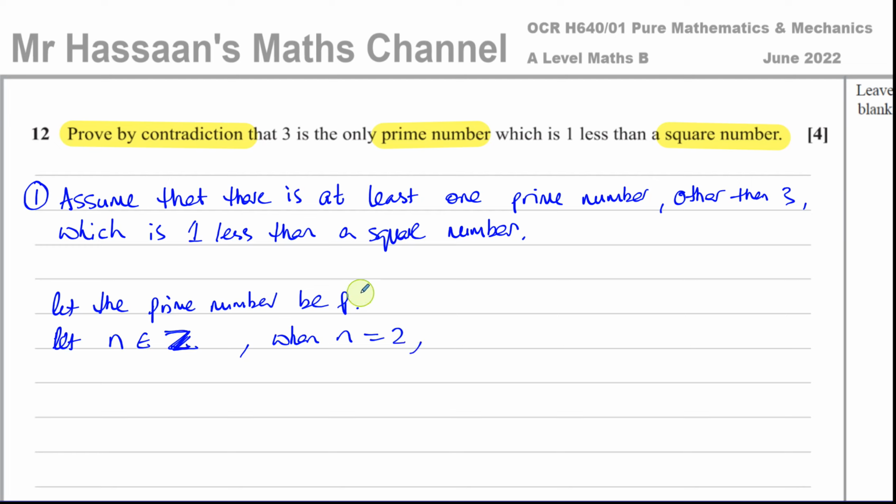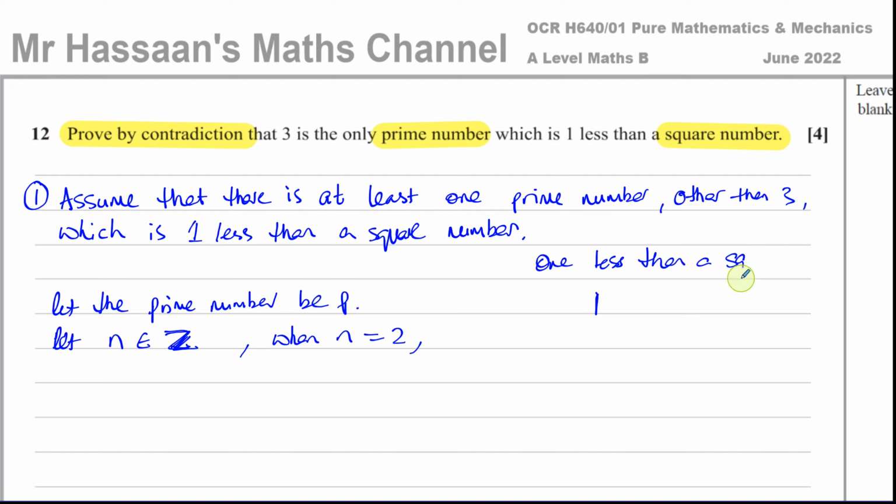Let's have a look. Now, a prime number can be, if we want to find 1 less than a prime number, 1 less than a prime number can be expressed in this form. We can express it as 1 less than a square number.